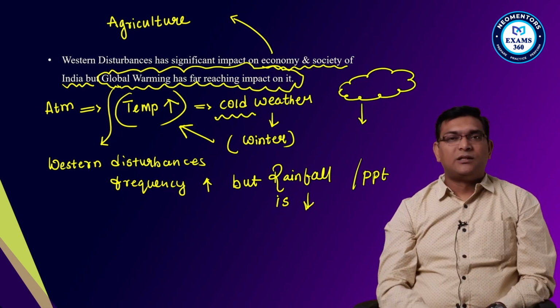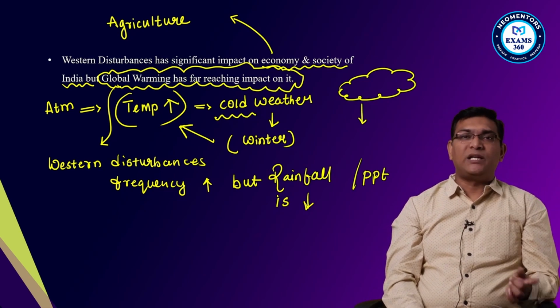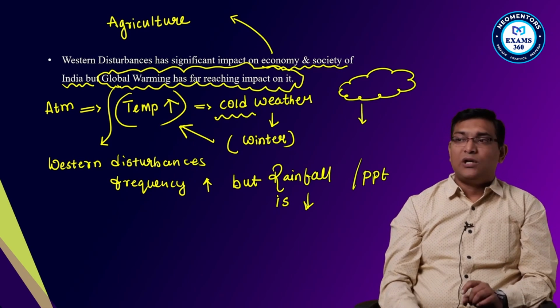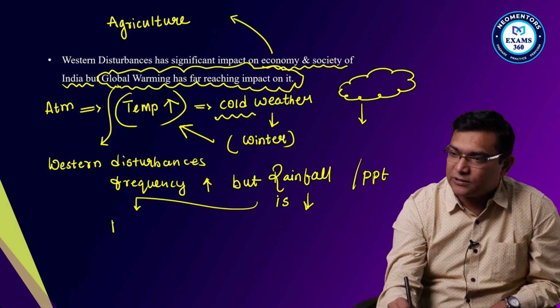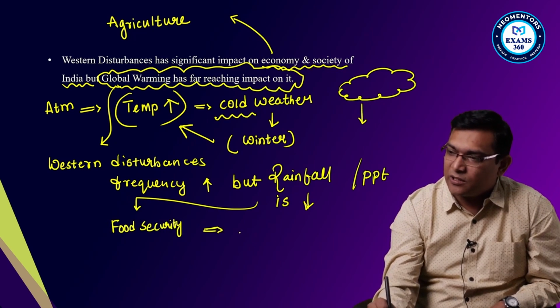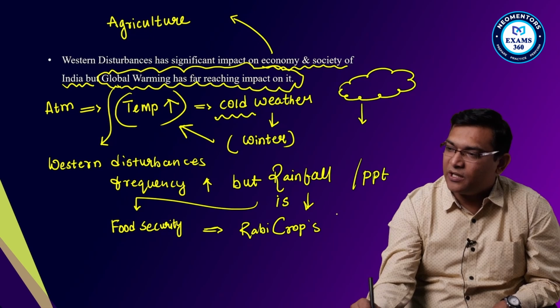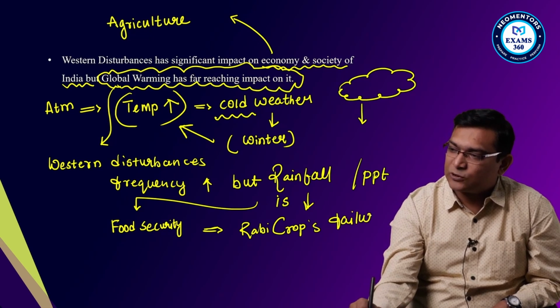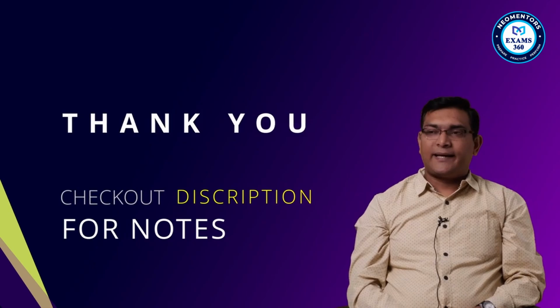That is the meaning. సో గ్లోబల్ వార్మింగ్ వల్ల ఏమవుతున్నాయి అంటే ఫ్రీక్వెన్సీ పెరుగుతుంది కానీ వర్షాలు రావట్లేదు, విచ్ హ్యాస్ ఫార్ రీచింగ్ ఇంపాక్ట్ ఆన్ అవర్ ఫుడ్ సెక్యూరిటీ. ఫుడ్ సెక్యూరిటీ కూడా ఎఫెక్ట్ అవుతుంది. ఎందుకు? రబీ క్రాప్స్ విల్ బి ఫెయిలియర్. So that is the meaning of western disturbances. Thank you.